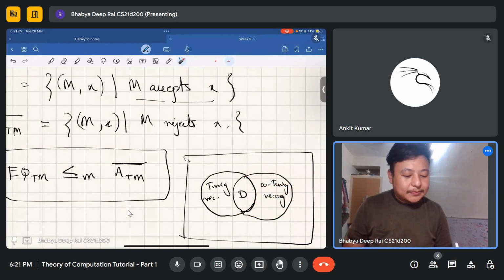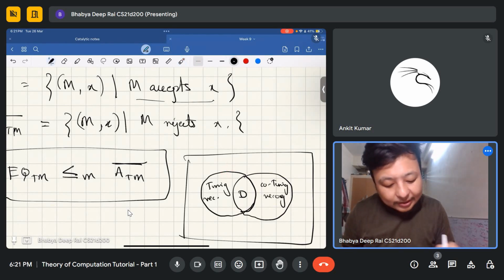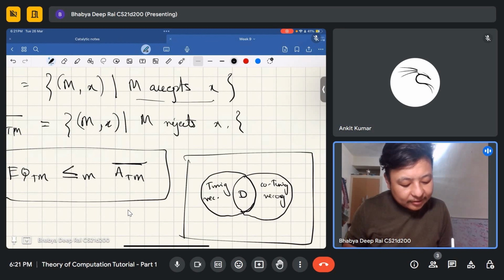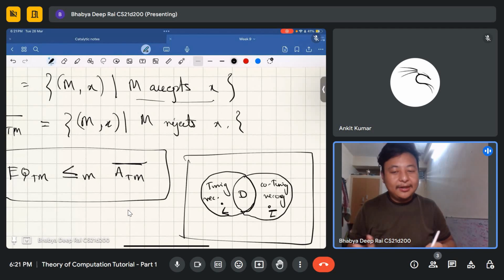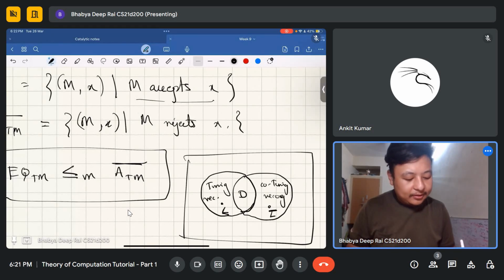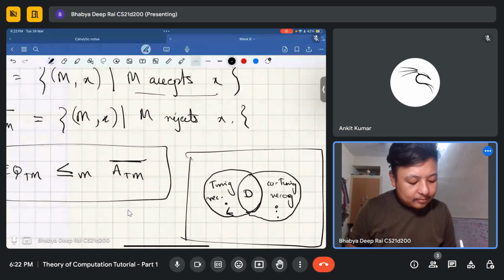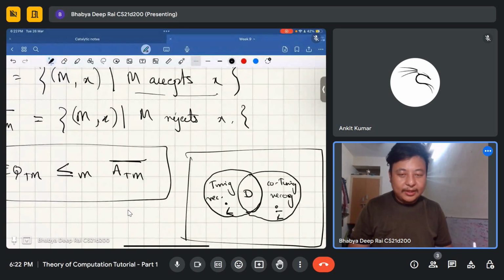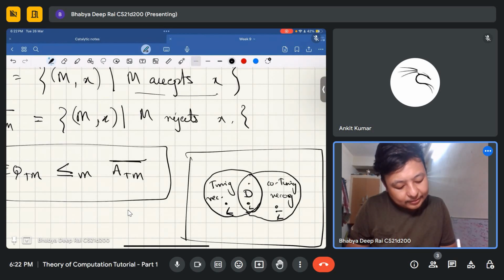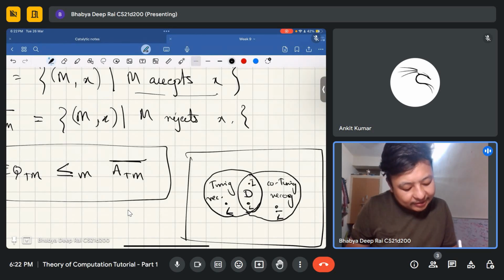In other words, if L is a language here, then L bar will be here. It's the same thing. Let me call them L1 and L2.